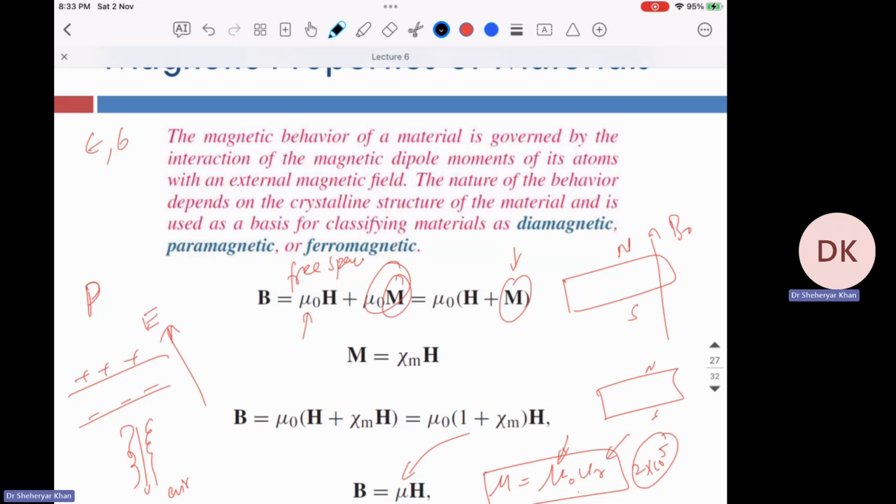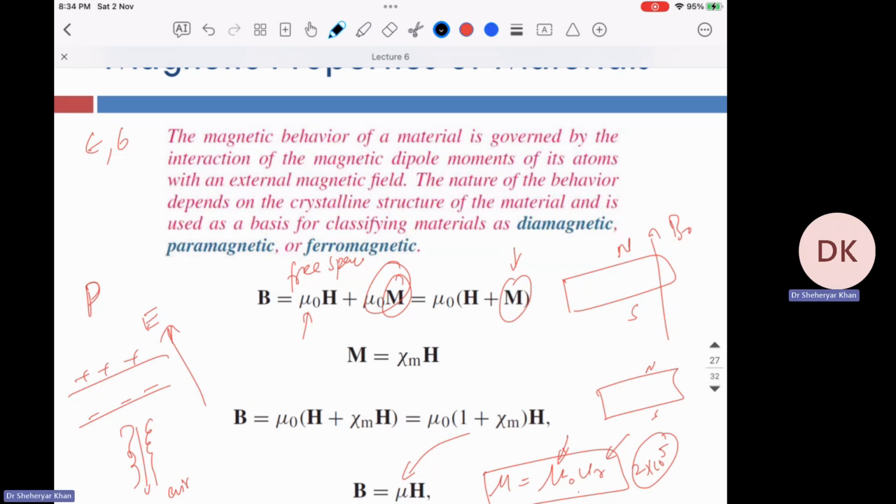Now we discuss permeability for the magnetic case. Now, have you wondered why your transformer is so heavy? The chargers, why are they heavy? Due to the iron core, right? But why do we need iron?